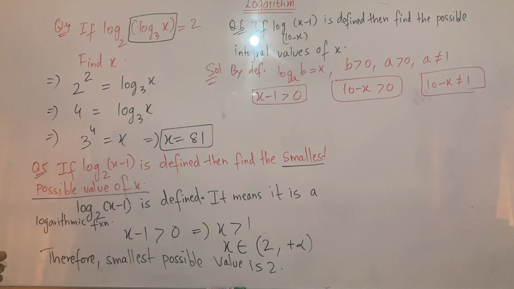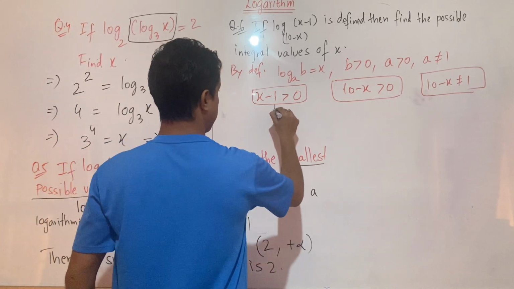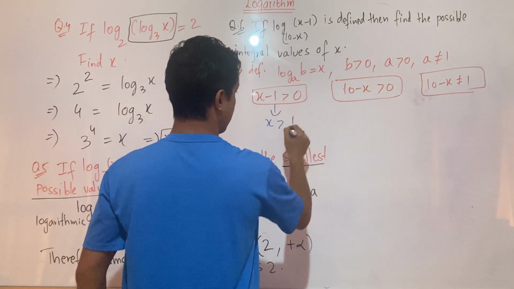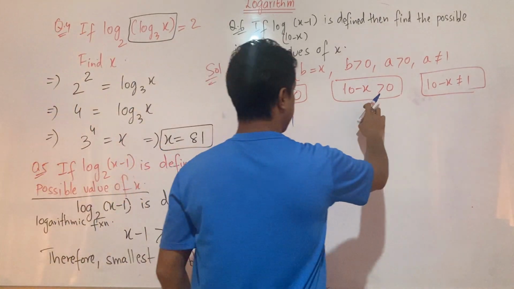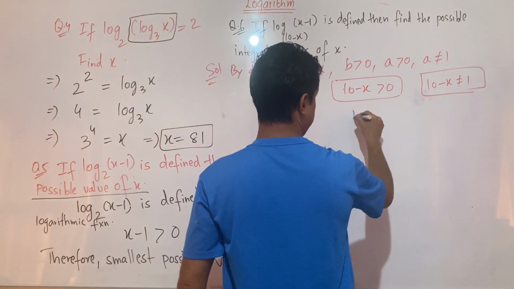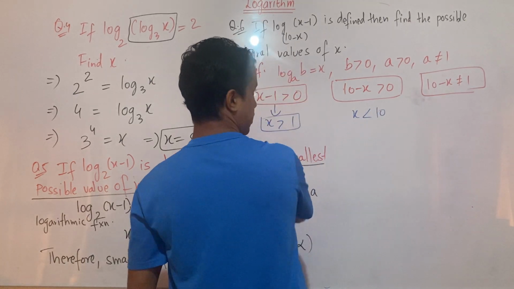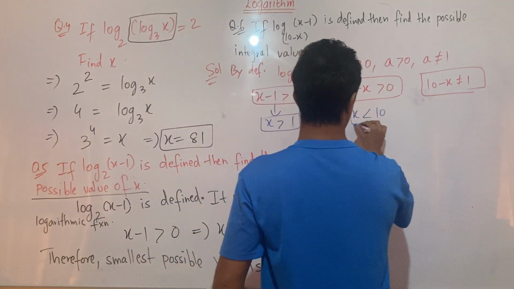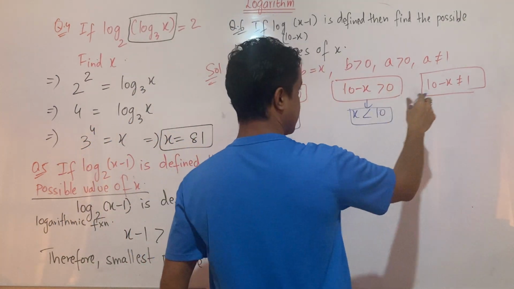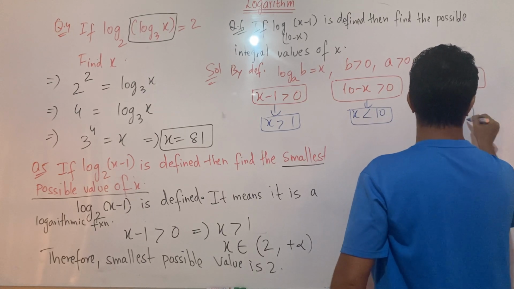So from here we can say that x must be greater than 1. And from here, x must be less than 10, right? And from here, x should not be equal to 9.